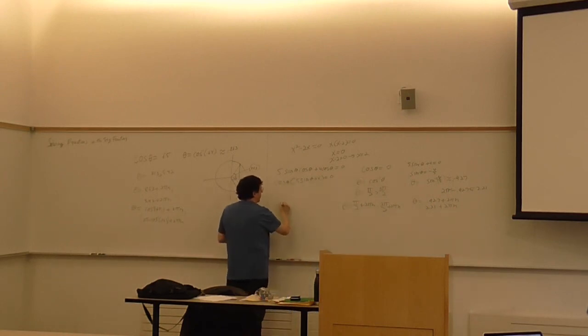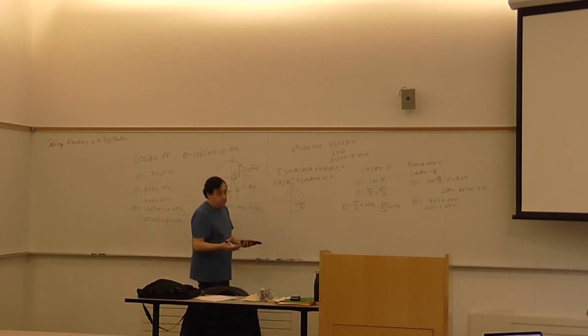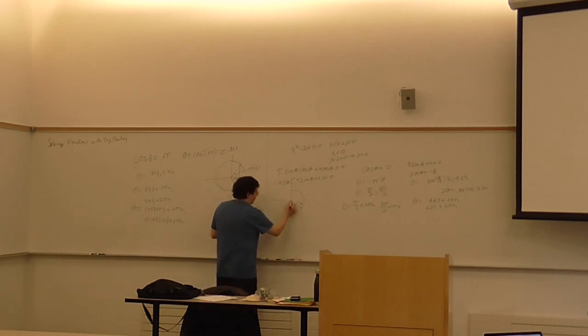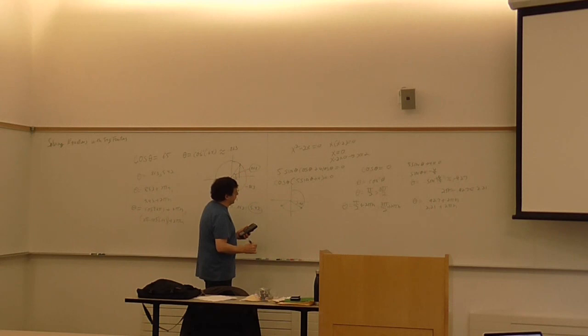Let's see. This is negative 0.927, or 2 pi minus 0.927. So the other value is going to be over here. So what's that going to be?